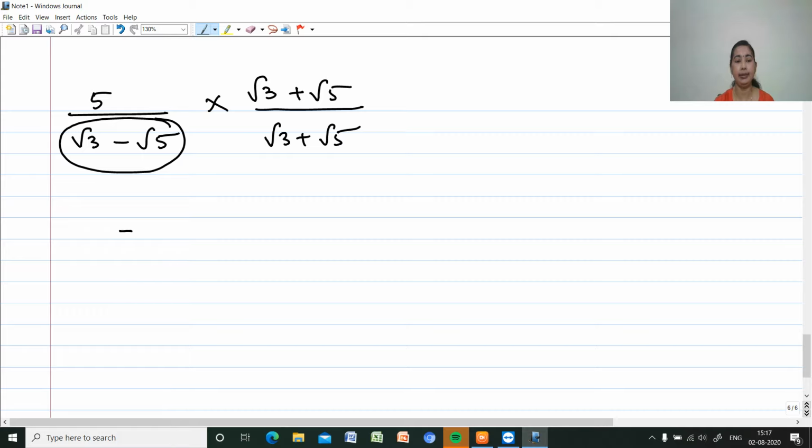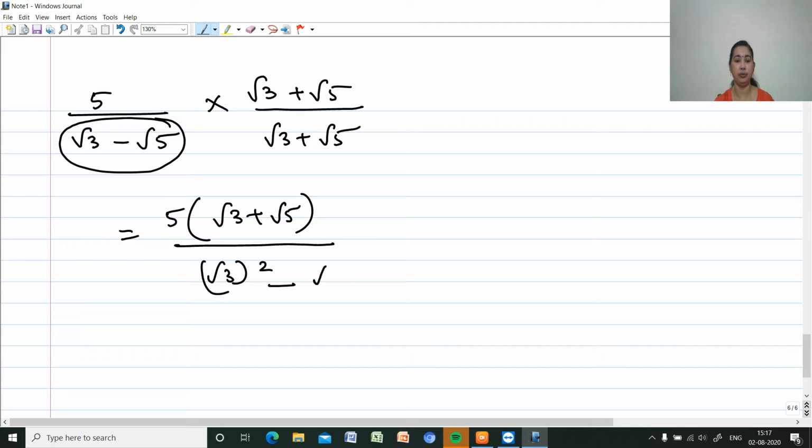Then you will get 5 into (√3 + √5) divided by (√3 − √5)(√3 + √5), which gives (√3)² − (√5)².